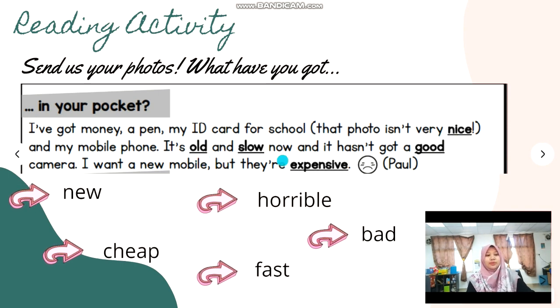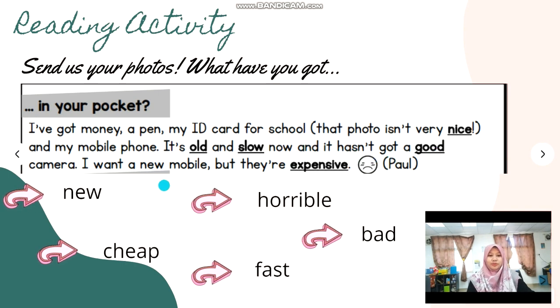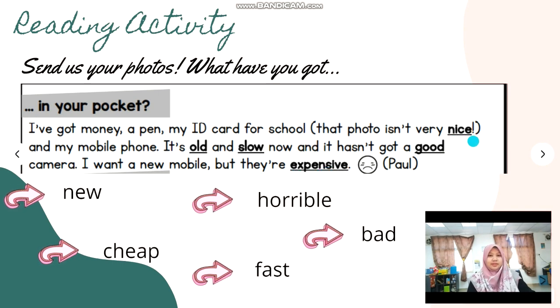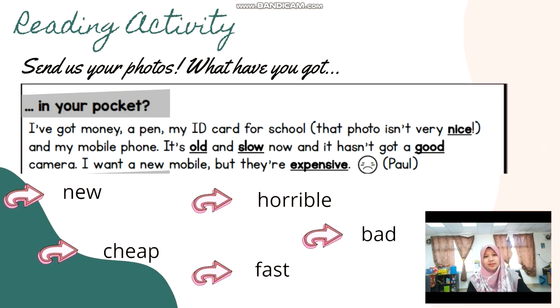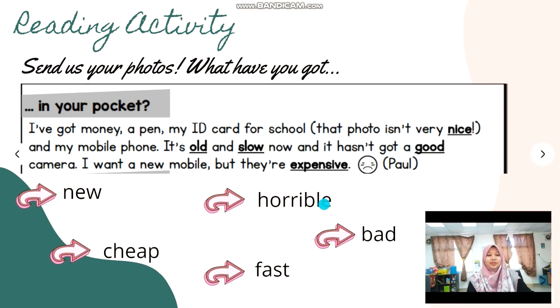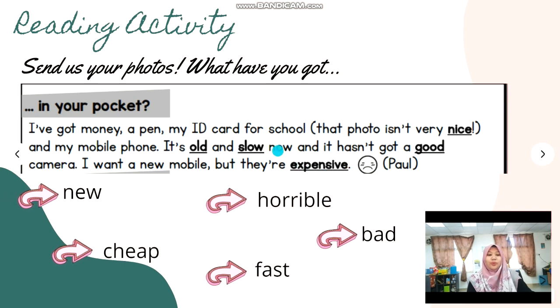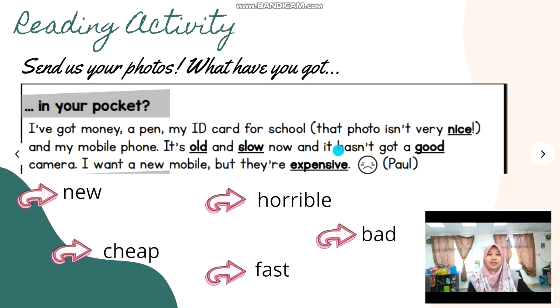It's old and slow now, but it hasn't got a good camera. I want a new mobile, but they are expensive. Okay, so let's take a look at the example. Nice. What is the opposite meaning for nice? It's horrible. So, you will change this into the opposite meaning in the quiz later.